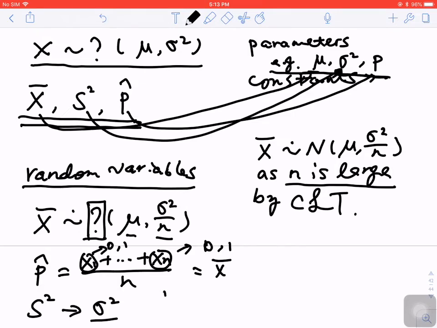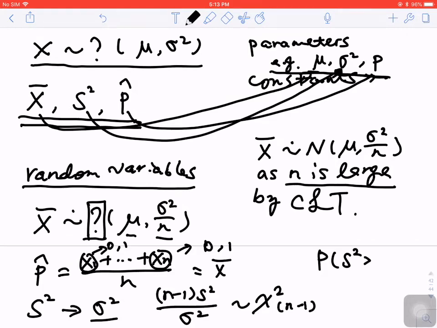So we have this property. This one follows the chi-square distribution with degrees of freedom n minus 1. You can use this property to find the cutoff value given the wanted probability, or you can find the wanted probability given a cutoff value, right, using the table.